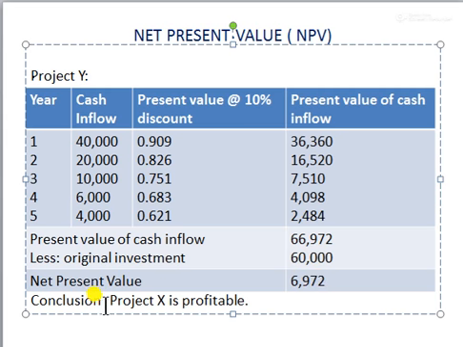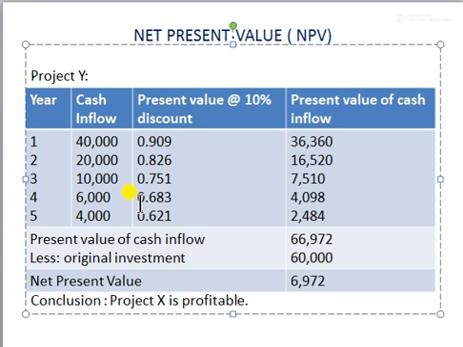So, conclusion: which project is better? By using the NPV method, we did a comparison between these two projects. Among these two, which one is the better one? Which project guarantees more profit, more NPV?